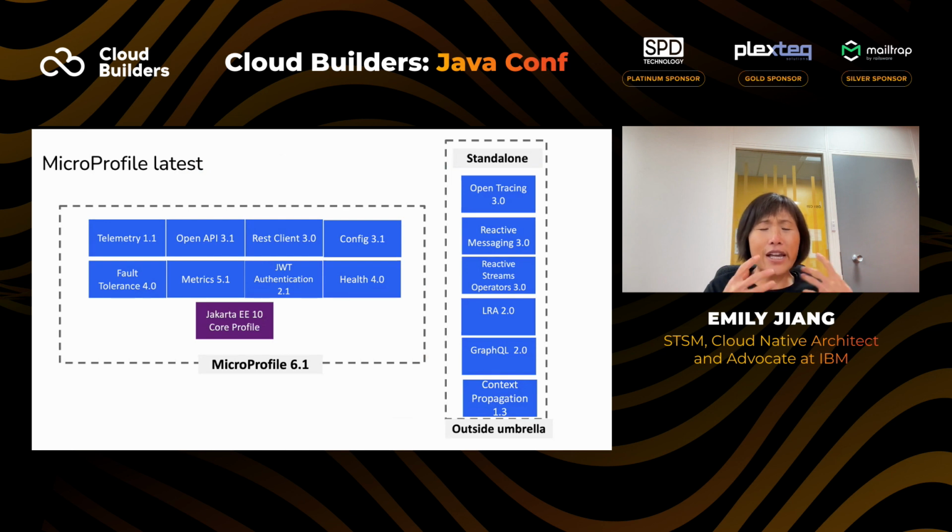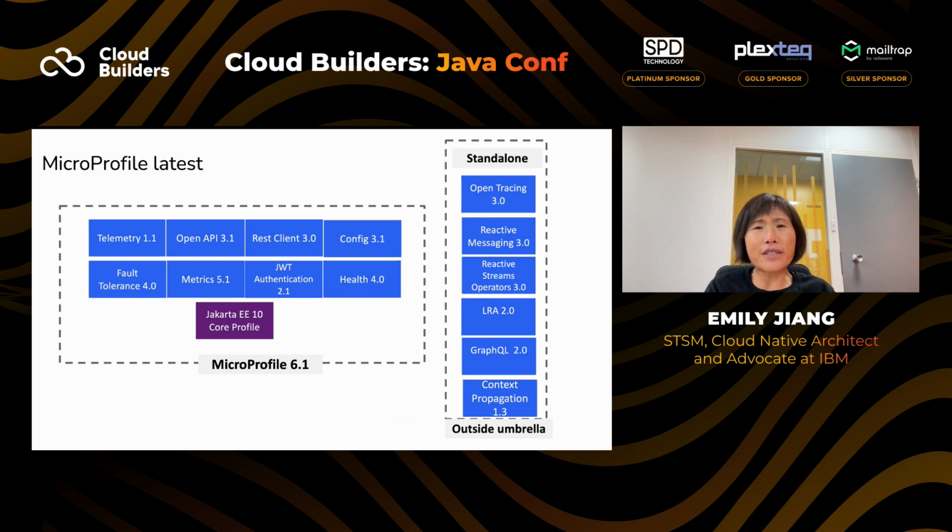As I mentioned earlier, it utilizes some of the Jakarta EE technologies. The latest release, MicroProfile 6.1, is based on the Jakarta EE 10 core profile, plus 8 MicroProfile specifications like telemetry, OpenAPI, metrics, and health.